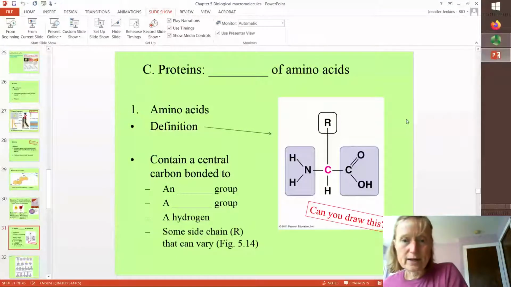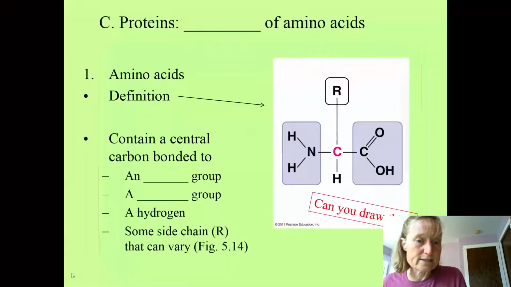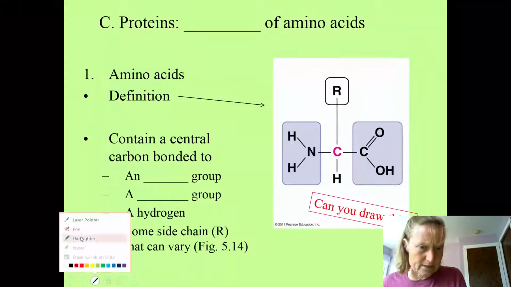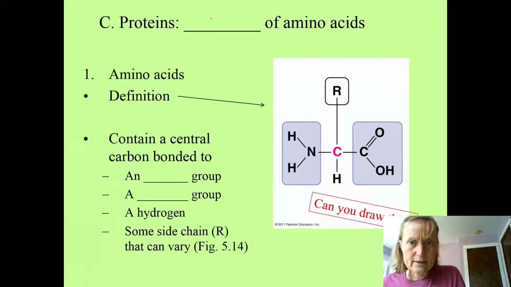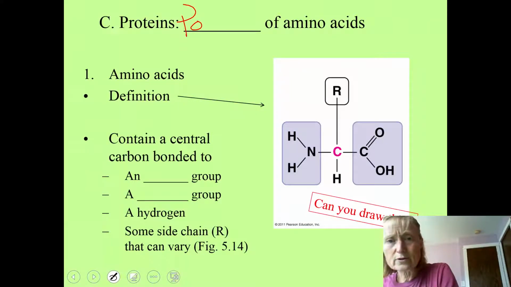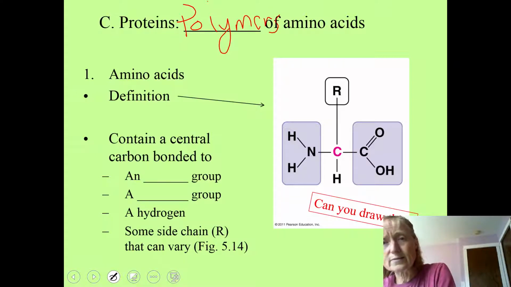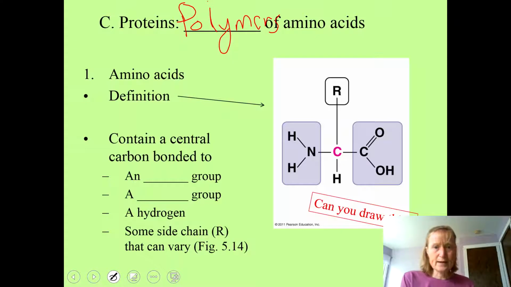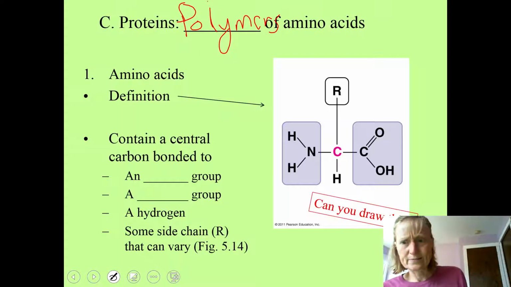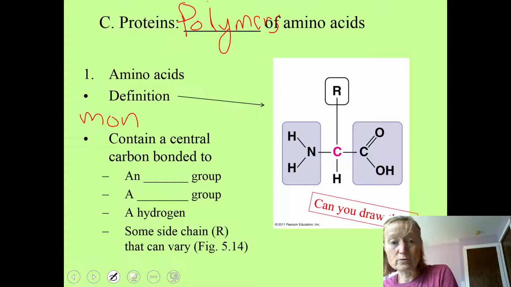So let's write down that proteins are polymers of amino acids. All right? Well, what are amino acids? Well, you could say that the amino acids are monomers of proteins, but that's kind of a weak definition.